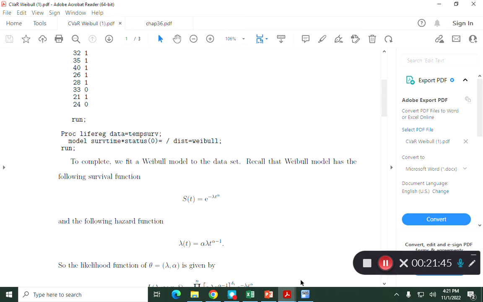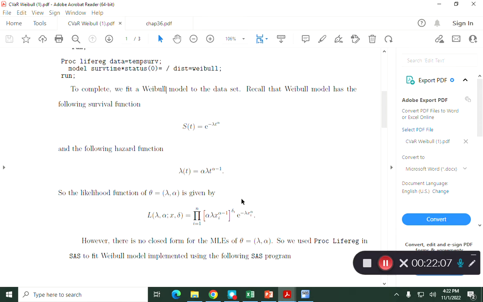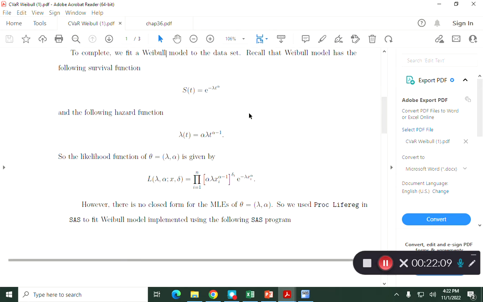Agree? And you also know that the hazard function is f(t) over S(t), right? Is the derivative of your PDF over your survival function, okay? And by doing this, okay, we're saying that, for every case, if they survive, it's S(t).